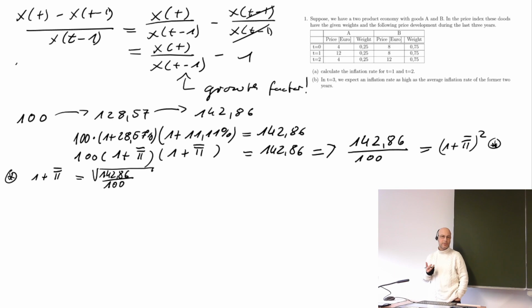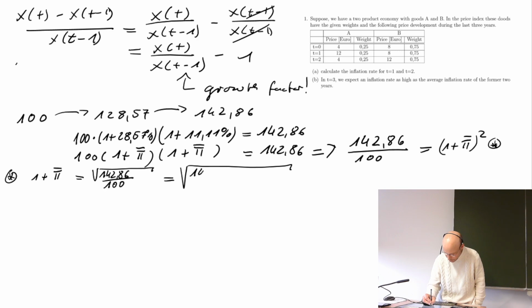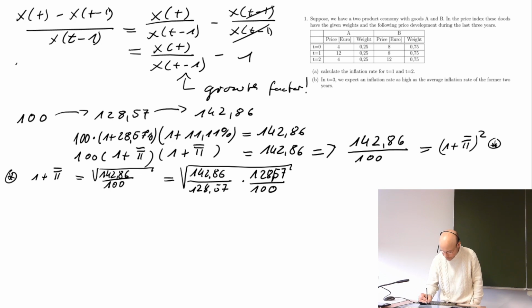So, and then you also see that this is an averaging process. I rewrite the square root in another way as 142.86 over 128.57 times 128.57 over 100. You see, I just inserted a special one, so to speak, because these two numbers, of course, just cancel out.